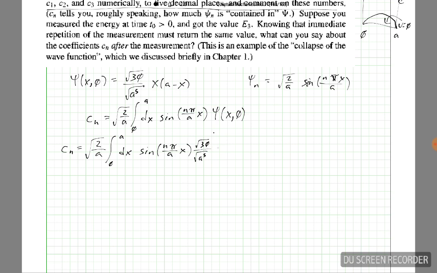I'm going to go ahead and multiply this through. So I'm going to have ax minus x squared. So we can pull out the constant there and also multiply through by ax and x squared.